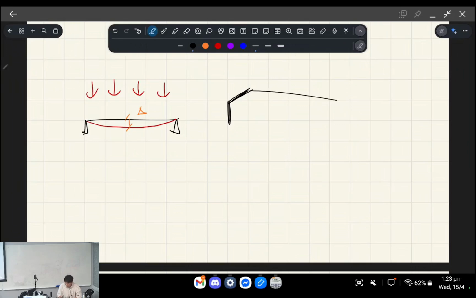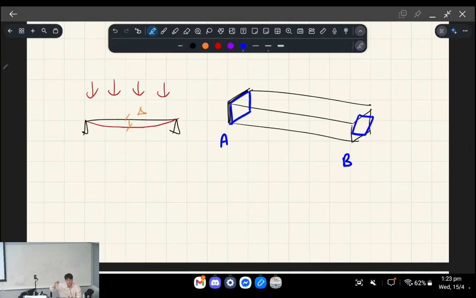Okay, so if that's my rod, and just pretend it's a circle, and that's called point A, and that's called point B. And at point B, it's rotated this way by this amount. Do you see how it's rotated clockwise, for example?